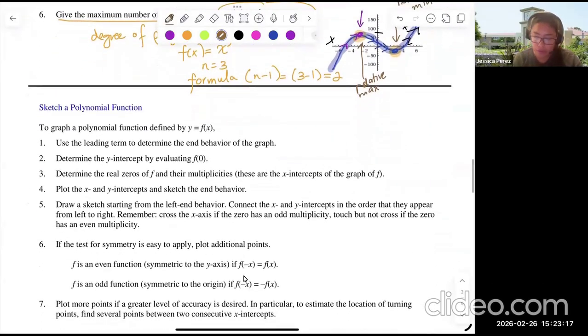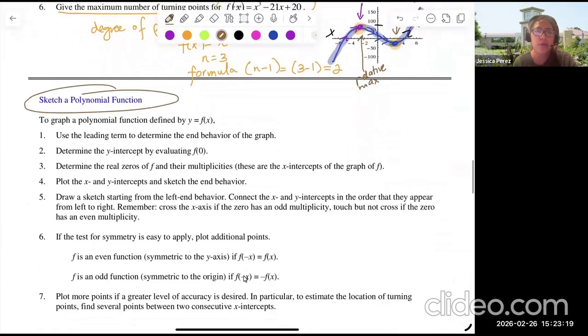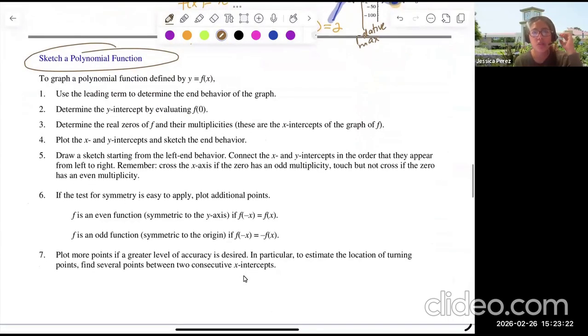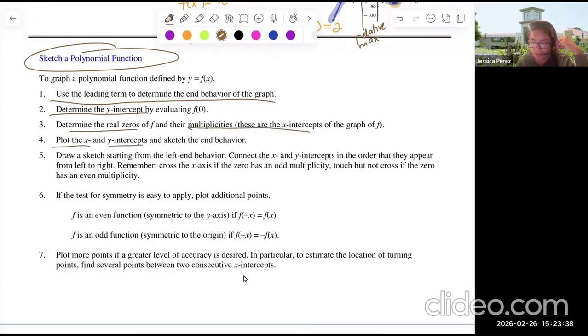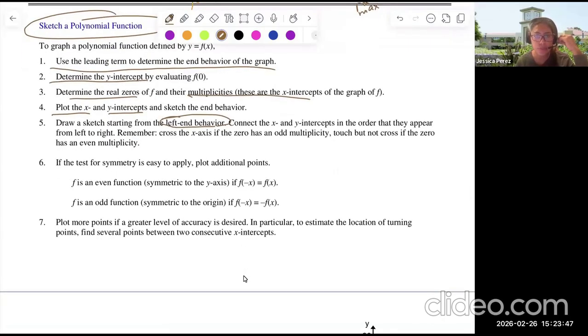Now, our goal is to be able to sketch a polynomial given these conditions. In order for us to graph a polynomial function defined by y equals f of x, we need to first use the leading term to determine the end behavior, determine the y-intercept, the real zeros and multiplicities, and plot the x and y-intercepts. To sketch, start from the left end behavior, and then connect the x and y-intercepts. We also wish to test for symmetry, test whether f is an even function.